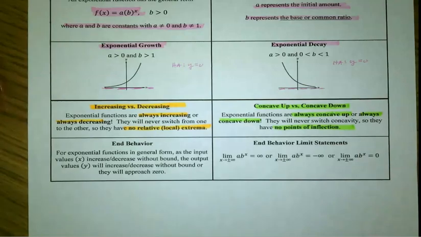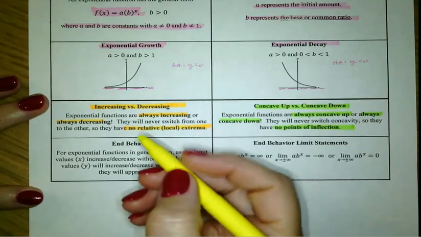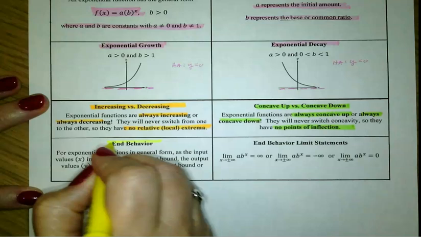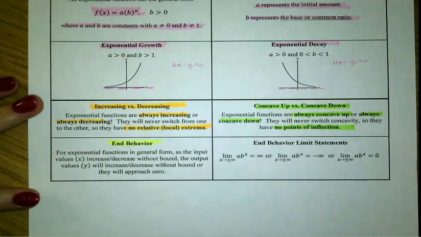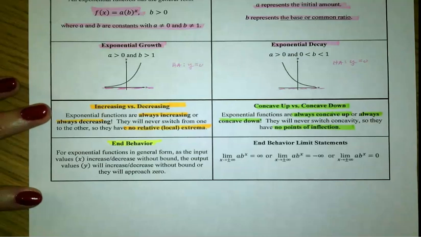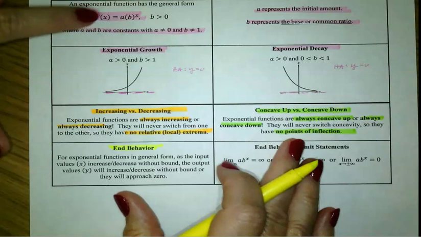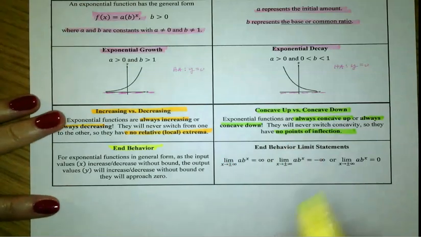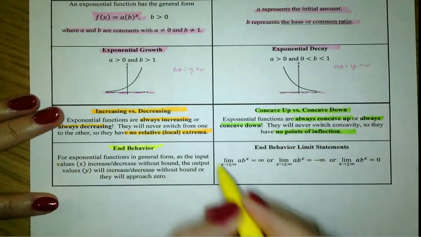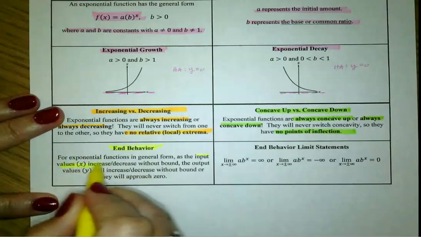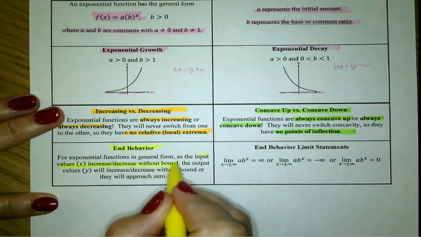All right, the next characteristic we're going to look at is end behavior. So we have been discussing end behavior and reviewing and kind of expanding on what you learned in Algebra 2. So for exponential functions in general form, that's the form that we talked about right here, the x values or the input values increase or decrease without bound.